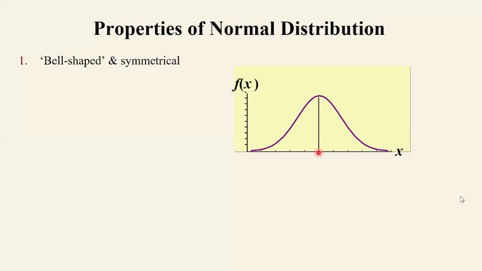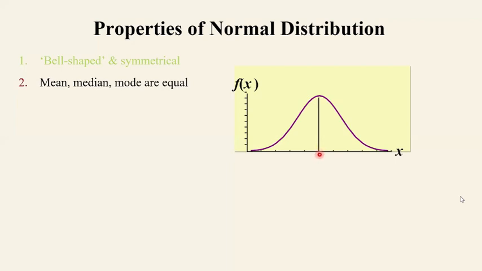For a normal distribution, this curve is symmetrical about the axis that passes through the mean, mode, and median, right? For the normal distribution, the mean, median, and mode are all equal. All are placed here.